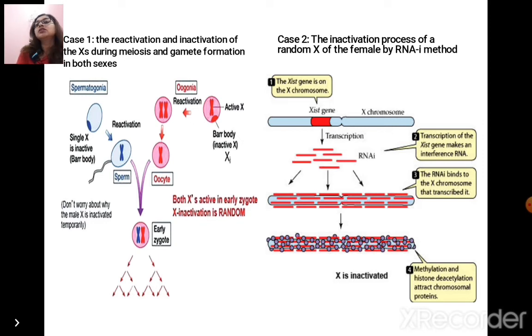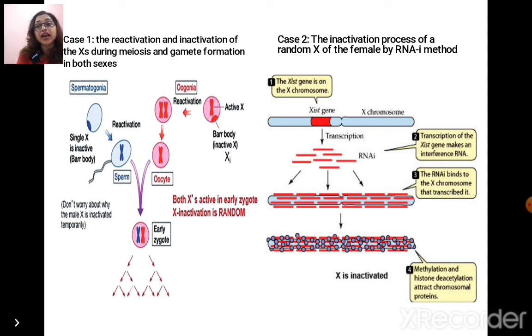Now, if we look into case 2, the inactivation process of this X chromosome is done by the XIST gene, which is present on the X chromosome. The particular X chromosome which is going to be inactivated, in that the XIST gene gets activated. It produces transcripts through the transcription process, and it makes an RNA, which is an interfering RNA.